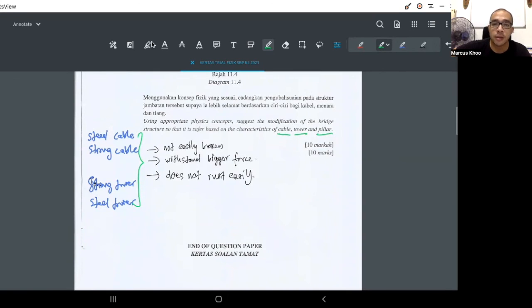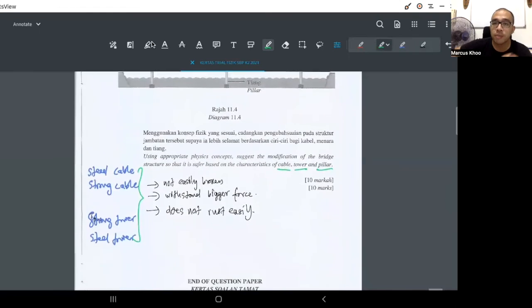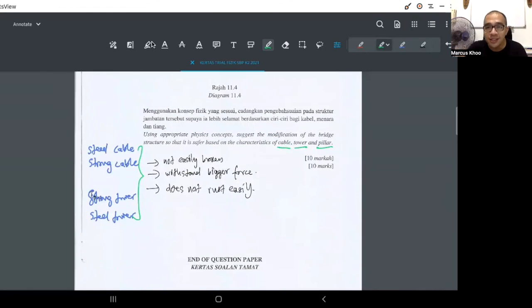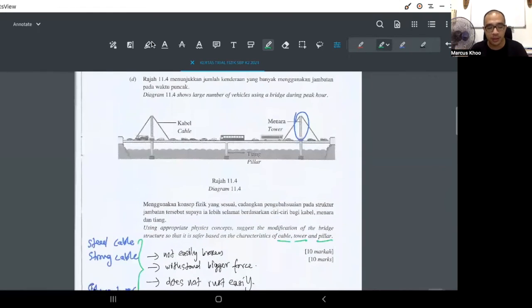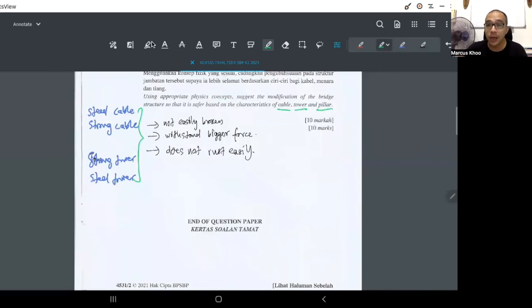No, correct. The tower should be steel. The pillar should not be steel because the pillar is the bottom here. It shouldn't be steel. Our experience tells us that the pillar is usually made of concrete. Concrete pillar, or you can also say strong pillar.